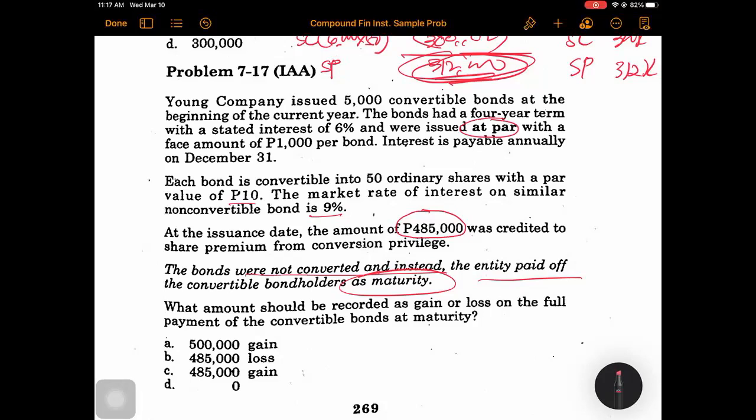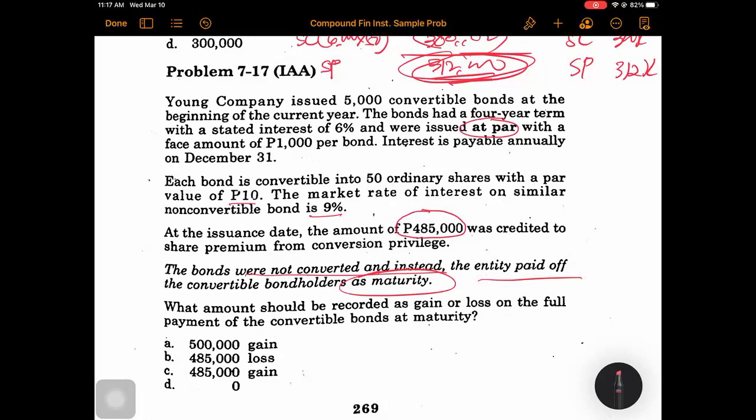Ni-answer dire, 5 million. Okay, the answer is 5 million, di ba?